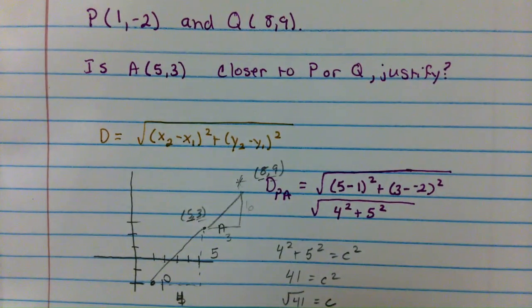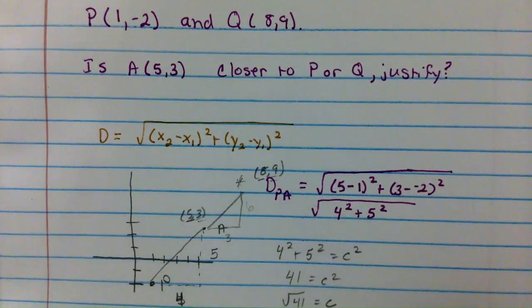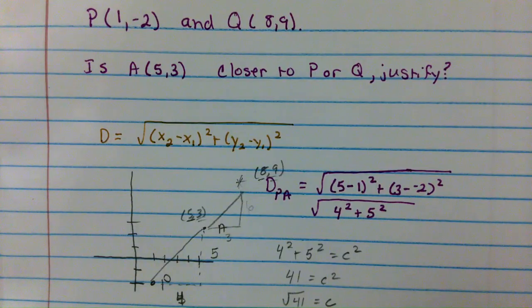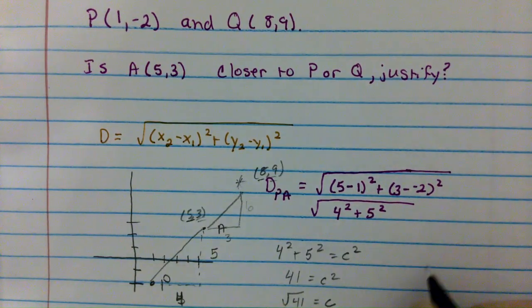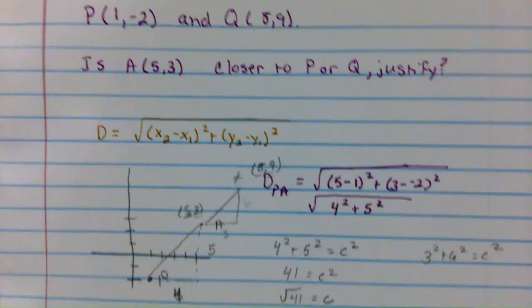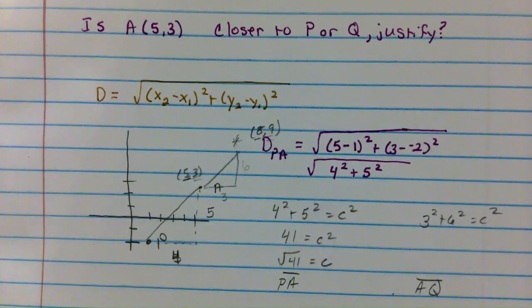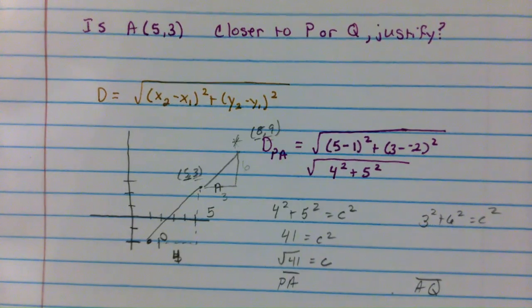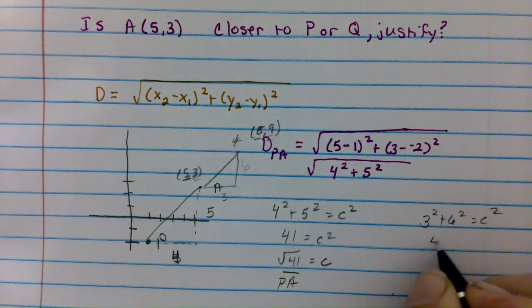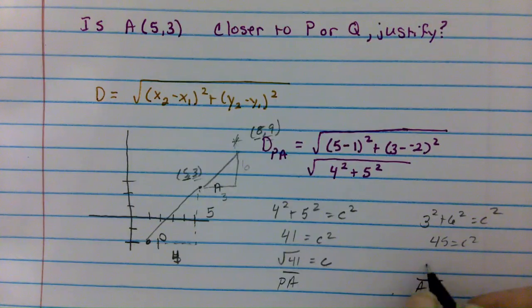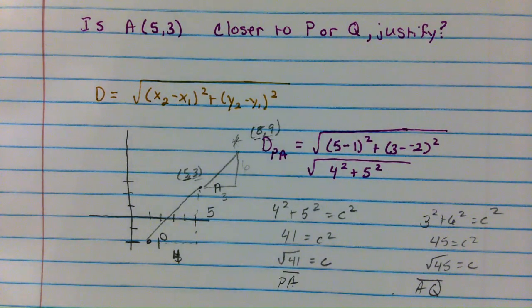And again, remember this one was P to A. So this one is A to Q. So we've got 3 squared plus 6 squared is going to equal our c squared. So 9 and 36, that's going to make 45. So which one's smaller?